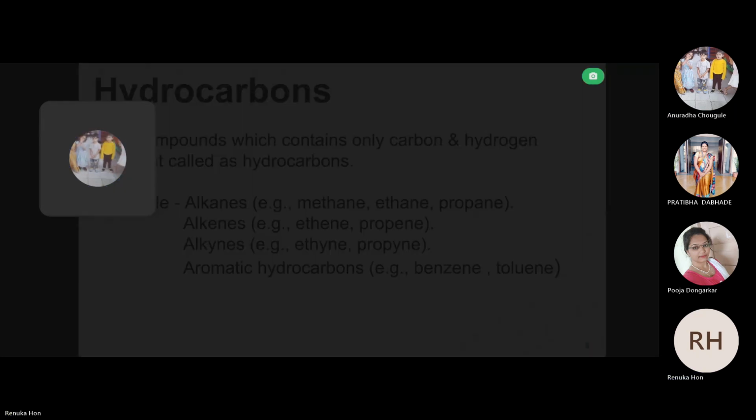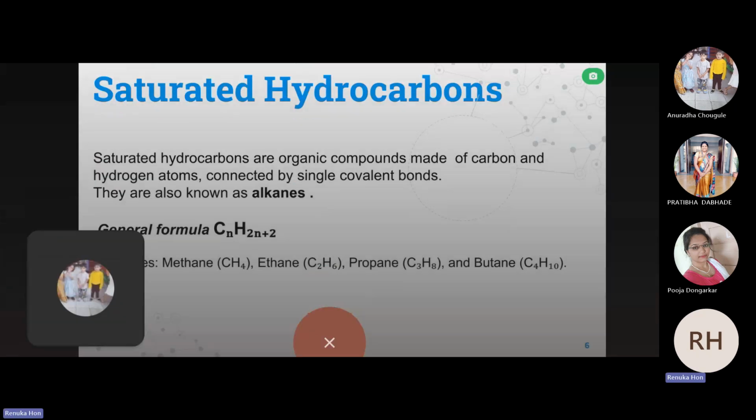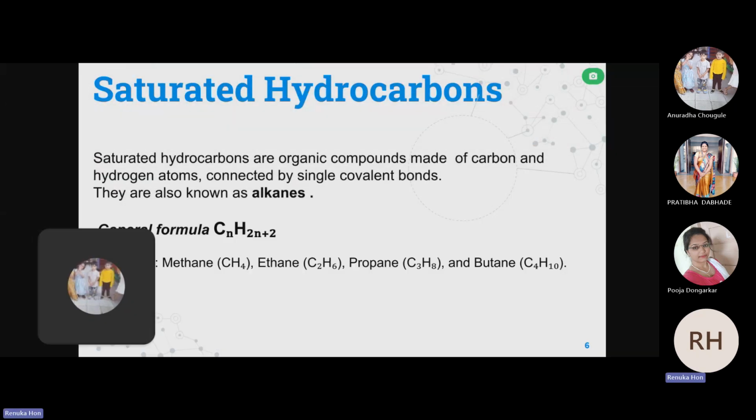Okay. Then there are two types of hydrocarbons. First one is saturated hydrocarbon and second one is unsaturated hydrocarbons. Saturated hydrocarbons are organic compounds made of carbon and hydrogen, but the carbons present in them are connected by single covalent bonds.